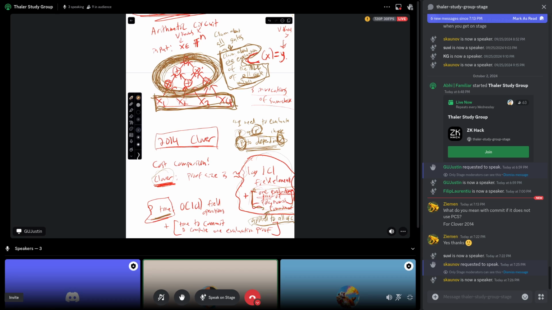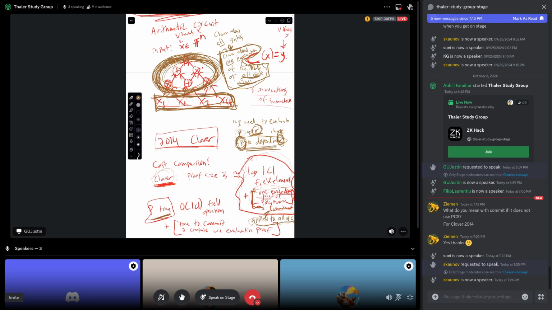And I have one more too. Thanks for the intuitions you just laid out. And to continue this, I wonder if the Clover and/or Spartan verifier needs to know the circuit, like in GKR, where it's required for it to know.